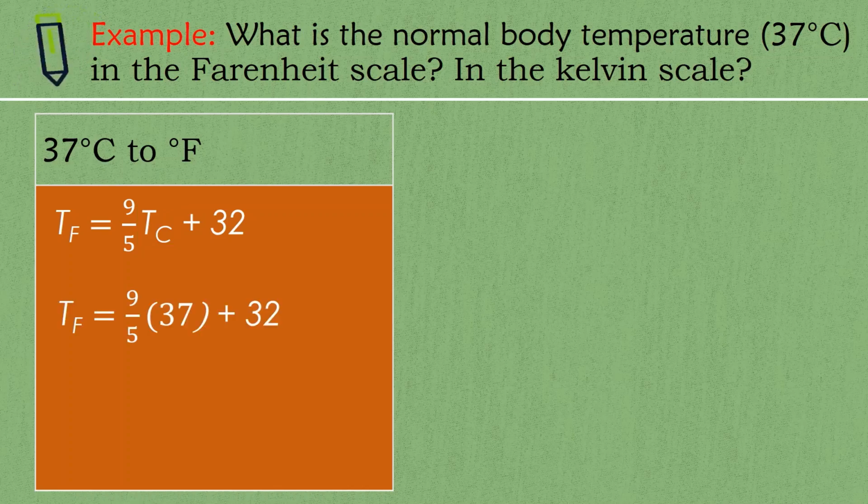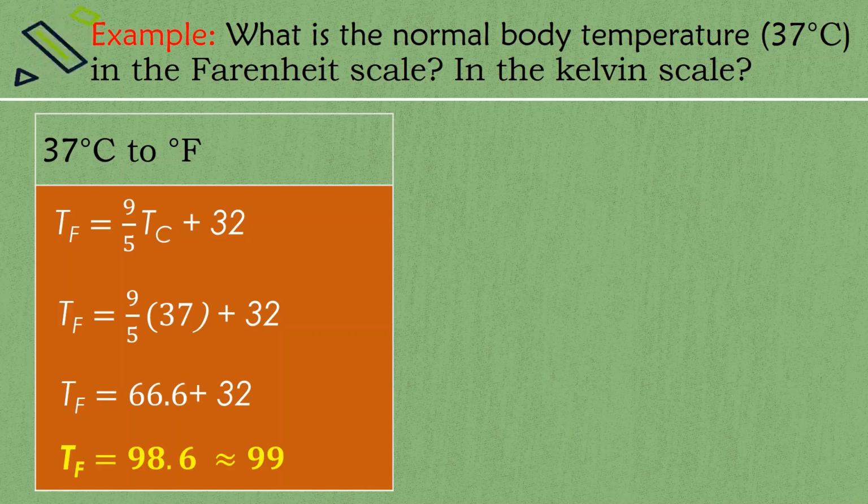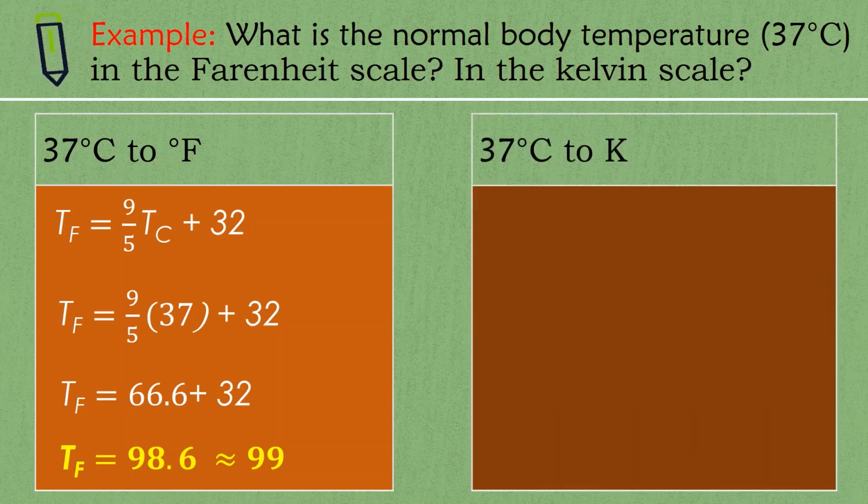So we will arrive with Tf is equal to 9/5 multiplied to 37 plus 32. This results to Tf is equal to 66.6 plus 32. And we will have the final answer, which is Tf is equal to 98.6, or if we round it off, it will be 99.